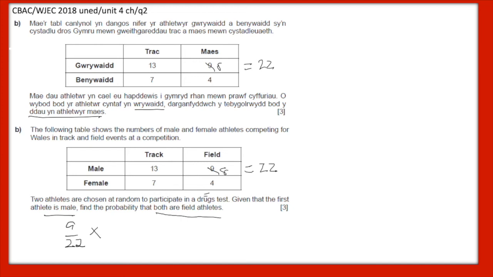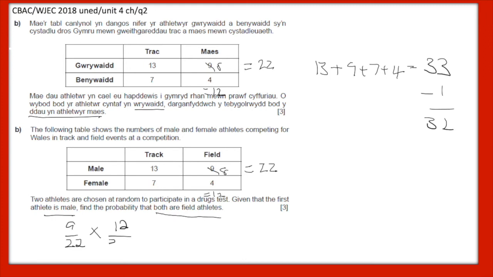So this time my total probability is 12 out of the remaining number of athletes. So really what I need to know in the first place is how many athletes I had altogether. 13 plus 9 gives me 22, plus 7 gives me 29, plus 4 gives me 33. So I had 33, but I've taken one off it, so I've only got 32.